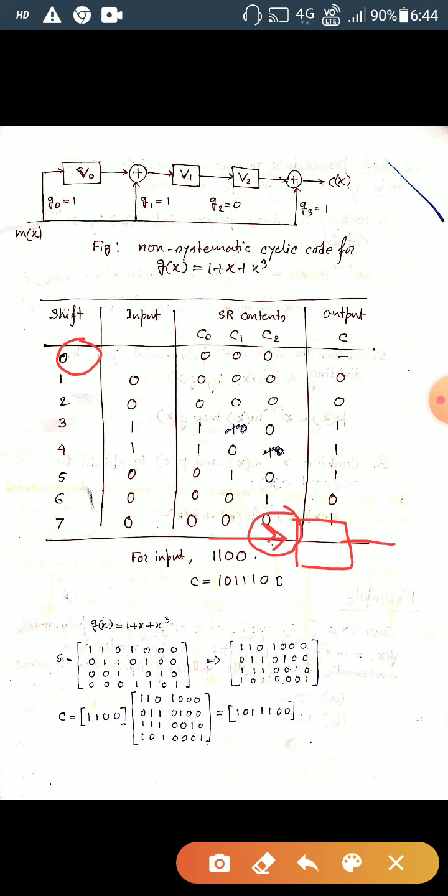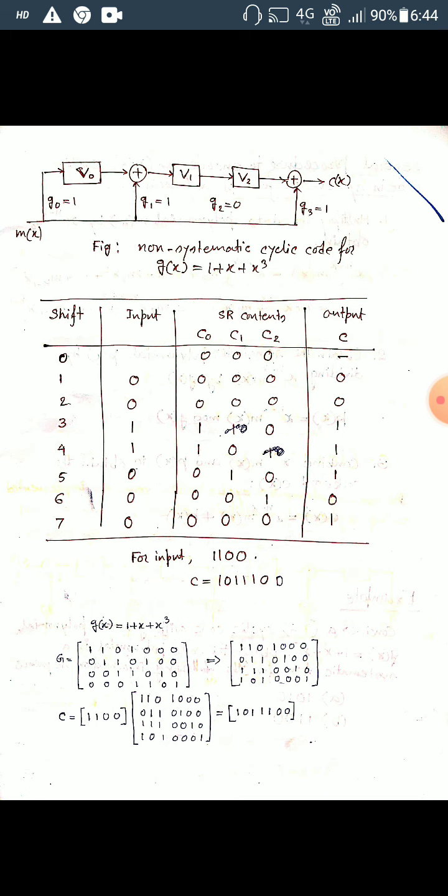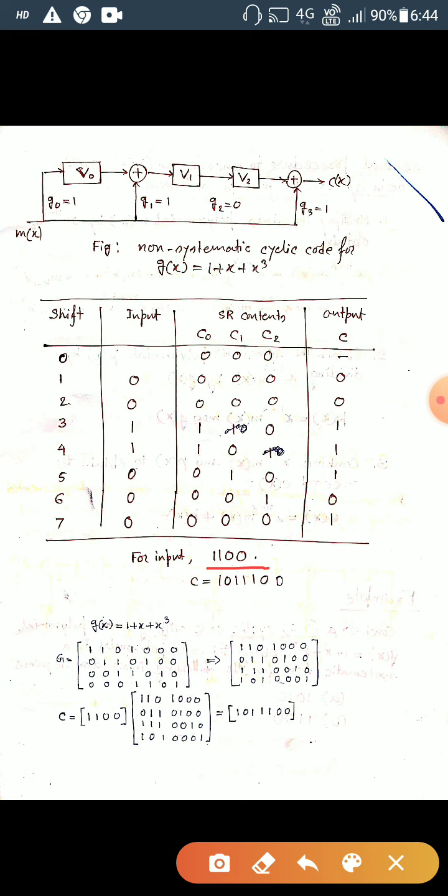So in this position, the first value will be 0 because the first value of 1100 is 0 in the LSB position. So here this is 0. Now the second one is also 0, so you put a 0. The third one is 1, so you put a 1. The fourth one is 1. And the remaining you apply again 3 because we are interested to get the ultimate output.